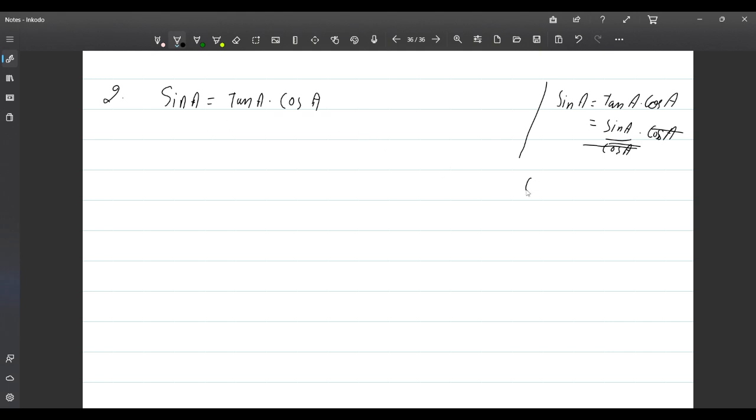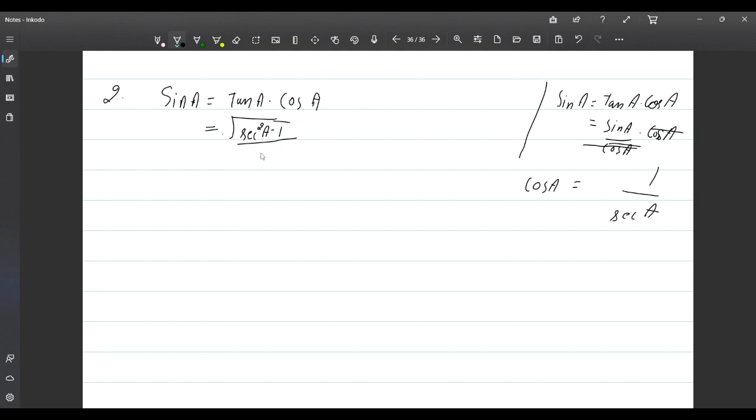And what is the formula of cos A? Cos A is equal to 1 upon sec A. And we have read that 1 plus tan square A is equal to sec square A. So we can write tan A is equal to under root sec square A minus 1.